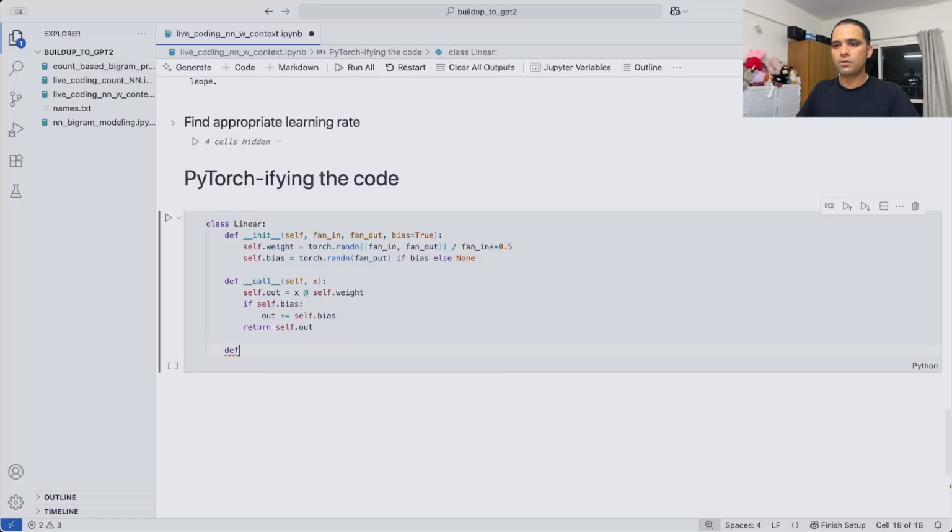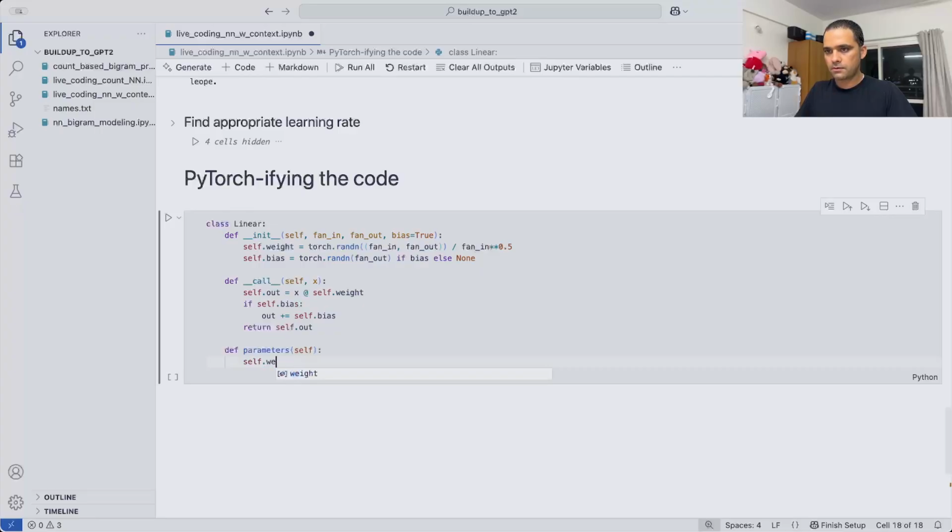We can make one more method in this, which is to return the parameters.